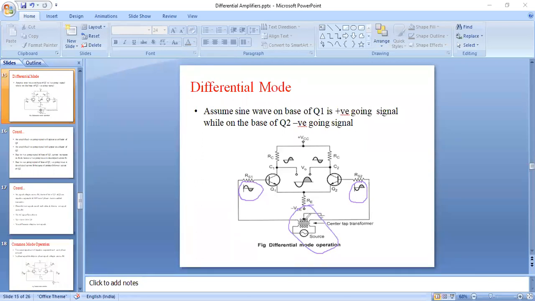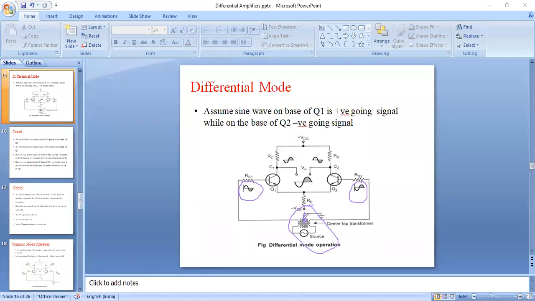From the first half of the secondary winding I have taken the positive going signal, and from the second half of the secondary winding I have taken the negative going input signal. This is the ground, the center tap, that's why it is called a center tap transformer.